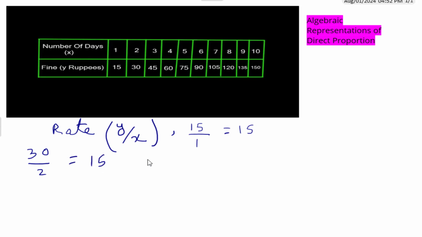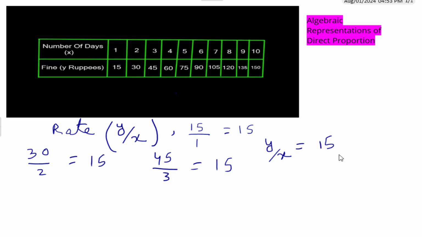And for this one, 45 divided by its respective x, that is 3, also gives me 15. So for all such values of y by x, it will give us 15, which is a constant.